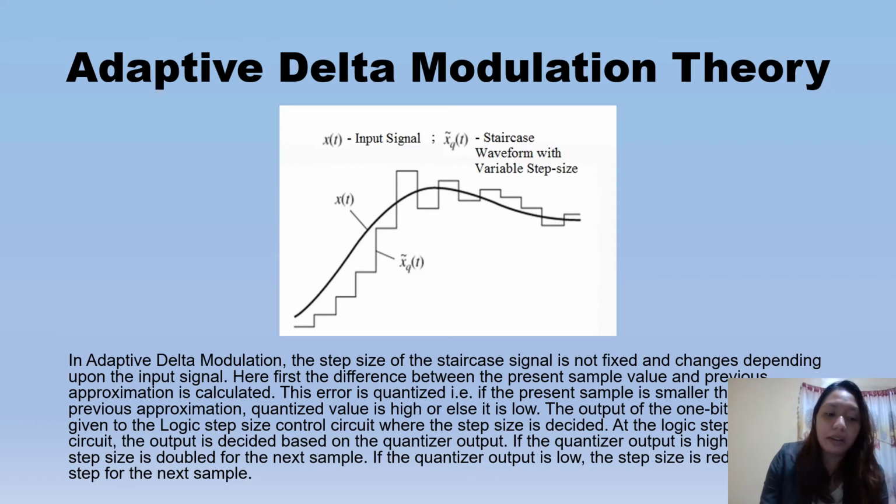The output of the one-bit quantizer is given to the logic step size control circuit, where the step size is decided. At the logic step size control circuit, the output is decided based on the quantizer output. If the output is high, then the step size is doubled for the next sample. If the quantizer output is low, the step size is reduced by one step for the next sample.